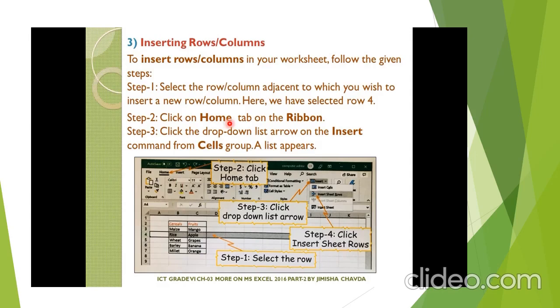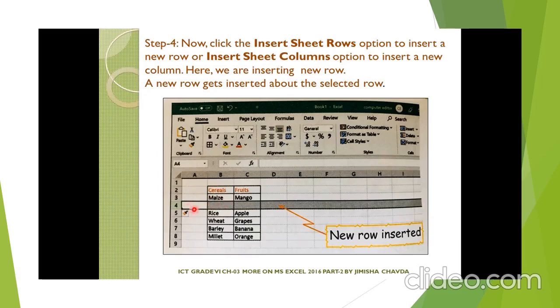For that you have to go into the home tab and click on the drop down list arrow on the insert command. This is the insert command, and the option available is insert sheet rows. So a new row will be inserted. Same you can see in my screen, the new blank row will be inserted. Same way you can insert the column also.